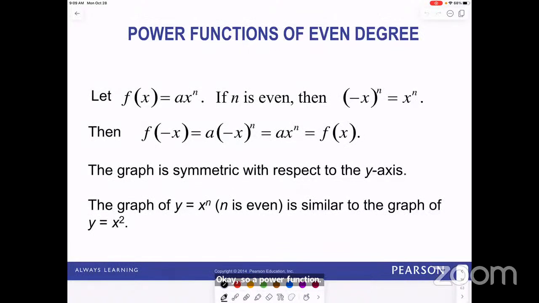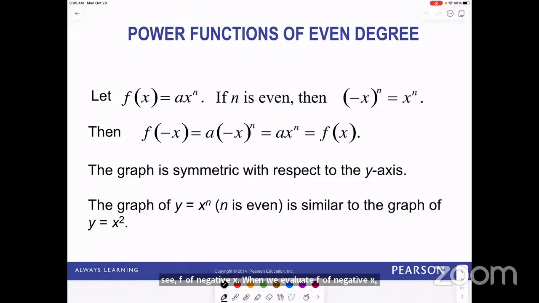So power functions of even degree. Given a power function, if n is even, then, let me see, this is a test like symmetry, even or odd. Did we talk about that? The definition of an even function, right? So remember the definition of an even function: when we evaluate f of negative x, it returns us back to the original.